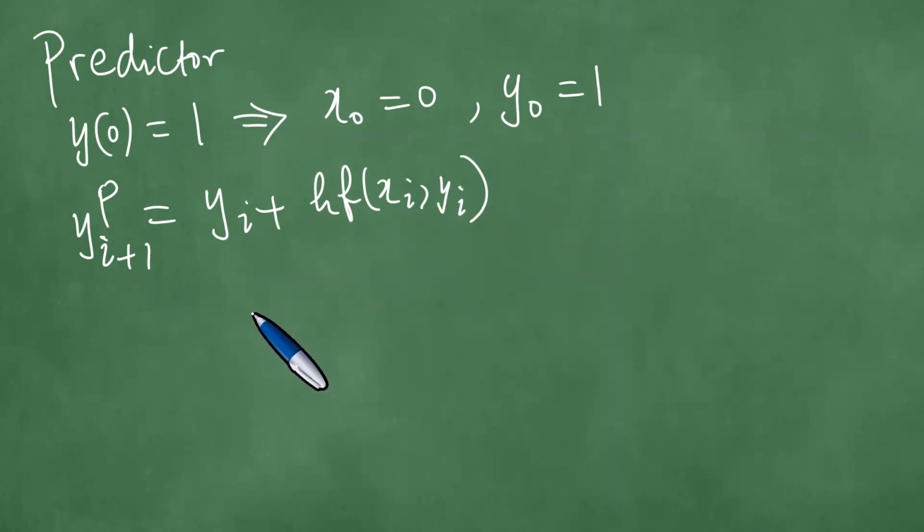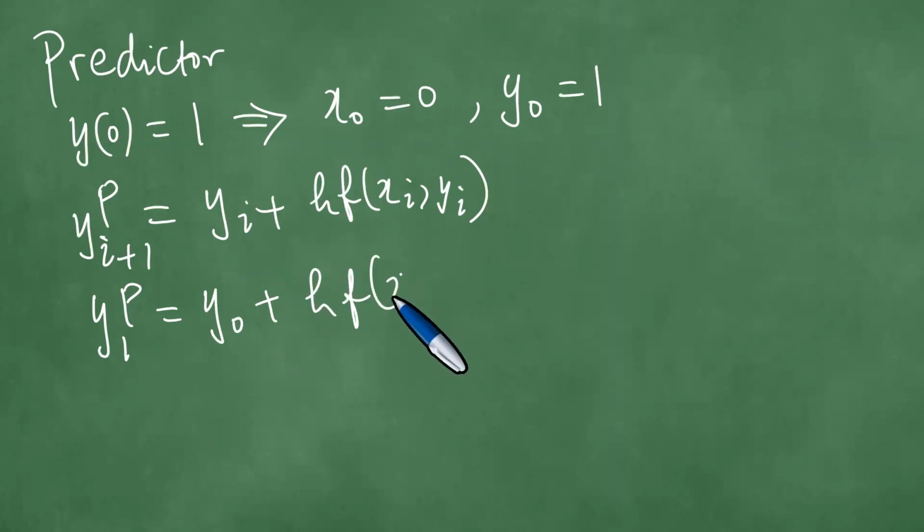Now, having x0 and y0, what we need is y1, so we need y1 of the predictor. It occurs when i is 0, because 0 plus 1 is 1, and when i is 0, that gives us y0 + h f(x0, y0).